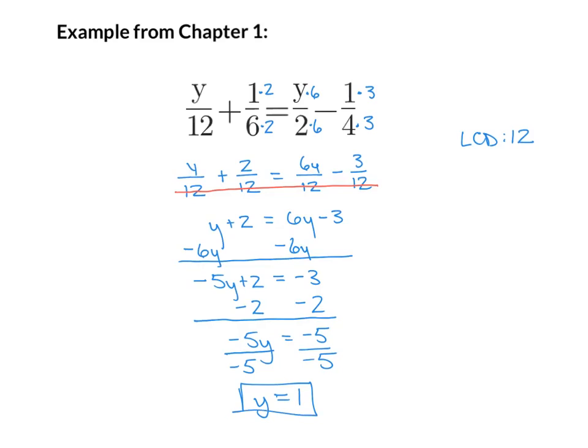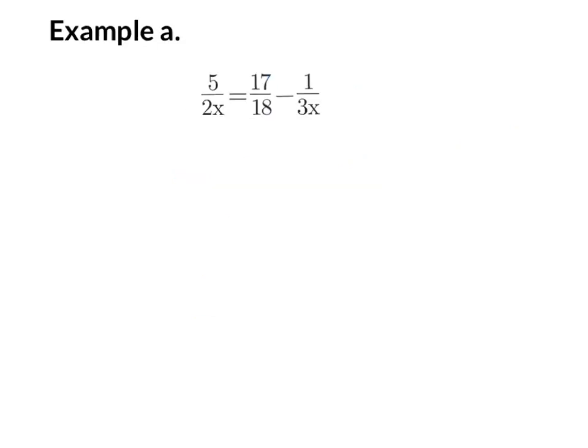We're going to take this same process and apply it to having fractions and expressions in our denominators. Okay, so example A, we have 5 over 2x equals 17 over 18 minus 1 over 3x.